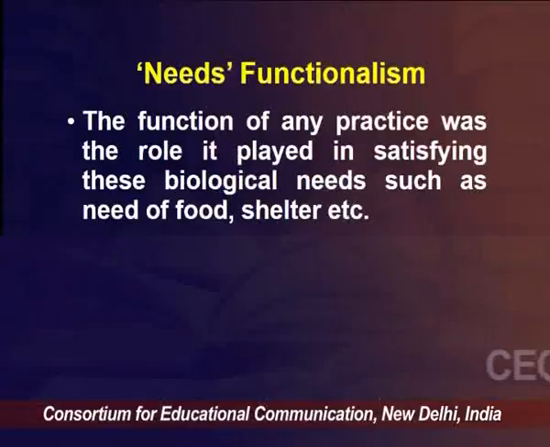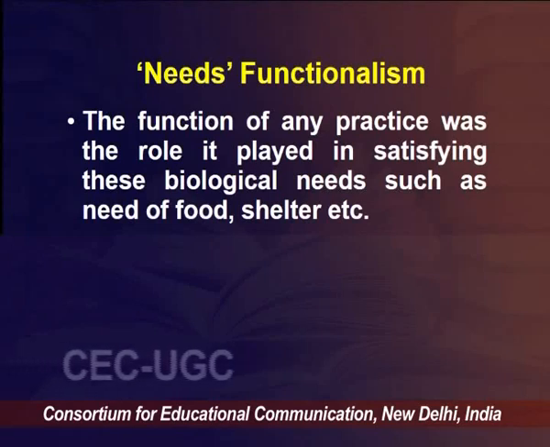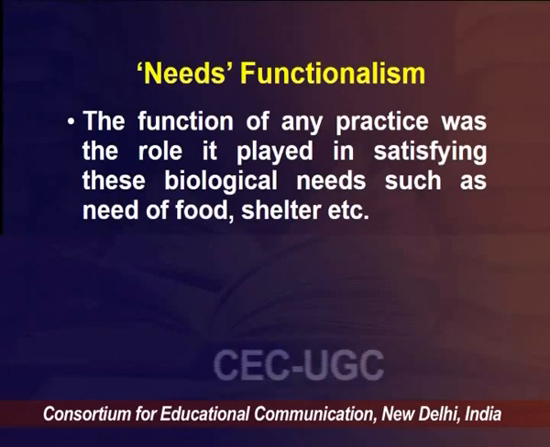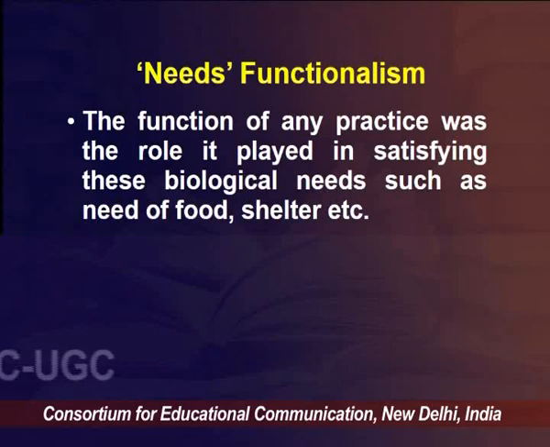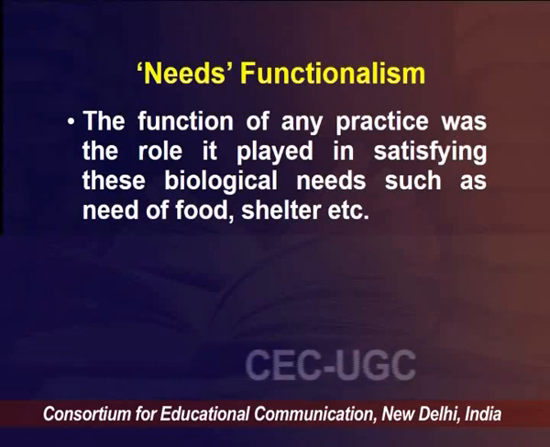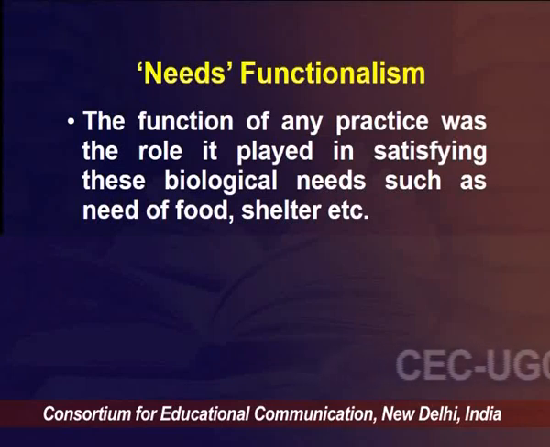And given the way in which he focused on needs, his theory is known as needs functionalism, because it is more or less a psychological theory trying to understand how the society has certain needs, and these needs are biological, these are universal needs. Society plays an important role in satisfying the needs of the individual.